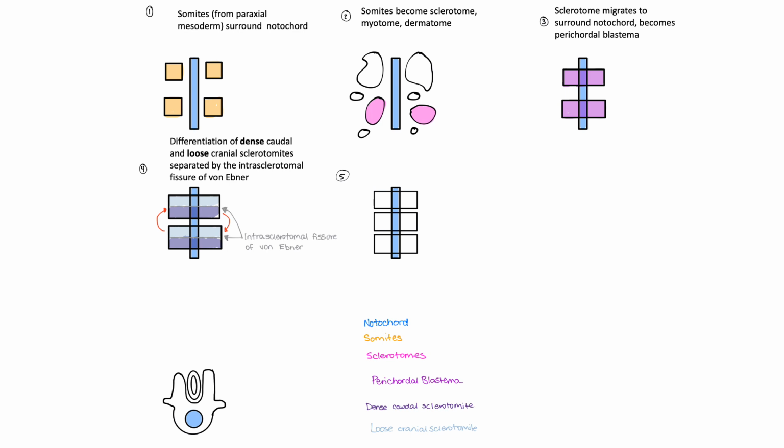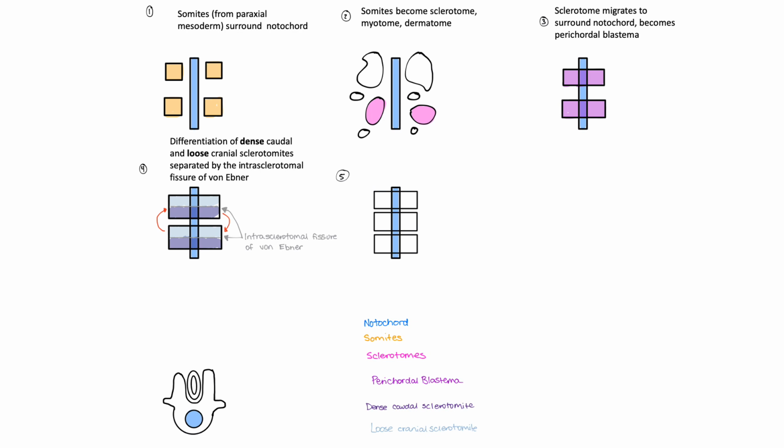It's the next steps that can be a little confusing. So make sure you understand this. Dense is at the bottom, loose is at the top. And those two are so different. Their cellular structure is so different that there's a line that separates the two of them. There's a distinct line. And that's going to be called the intrasclerotomal fissure of von Ebner. It's a mouthful, I know. You're going to want to know that for sure.